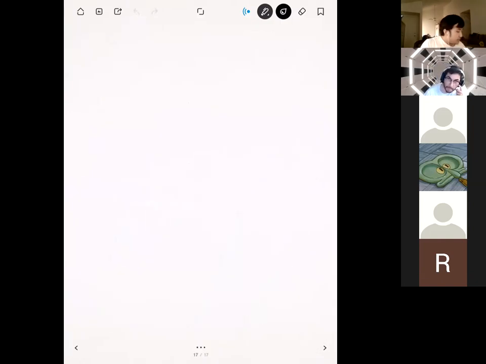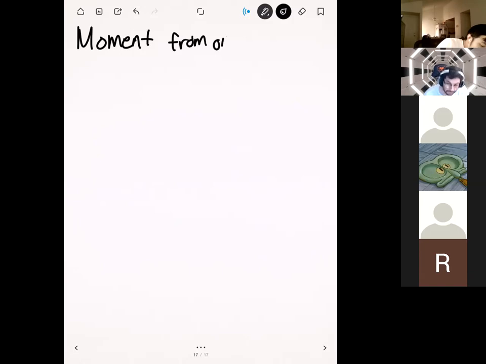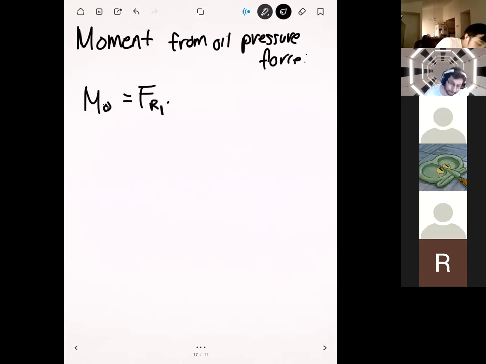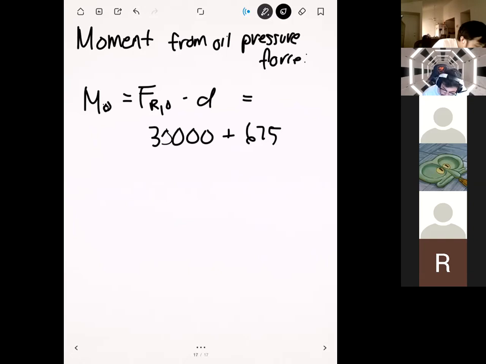The next thing is that we need to compute the moment from the oil pressure force. This is MO, which is equal to FRO times D, so this is equal to 30,000 plus 67,500 HO.